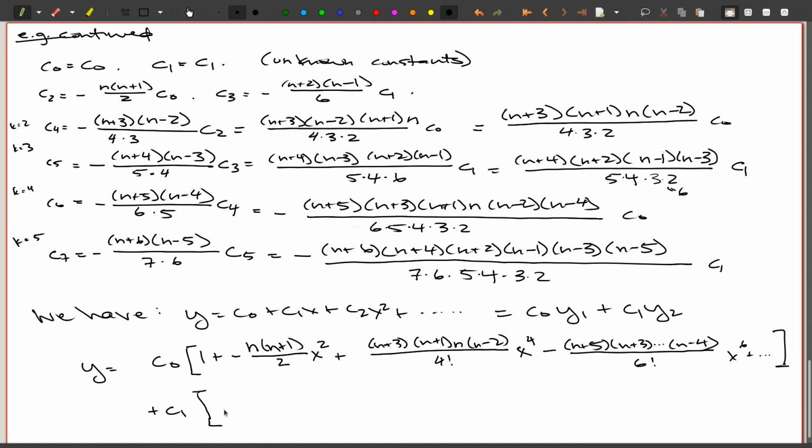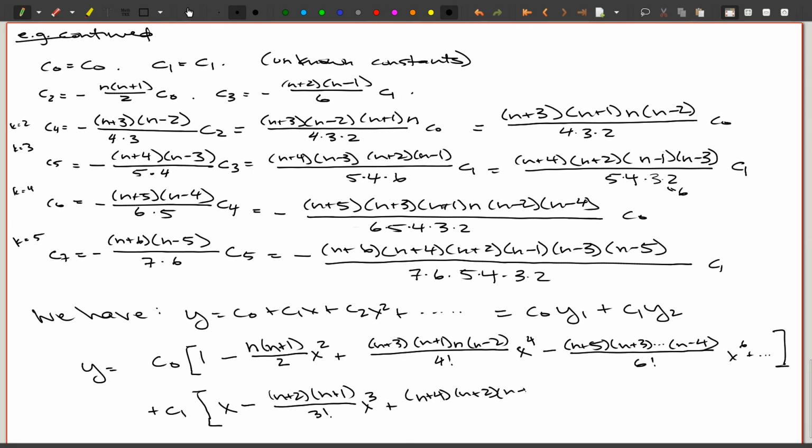And then C1 is going to give us, the first term is C1 times x. Then we check our C3. I did this again. Let's just do our minuses. Minus our n plus 2 times n plus 1 over 3 factorial times a C3, so x cubed term, plus n plus 4 times n plus 2 times n minus 1 times n minus 3 over 5 factorial.